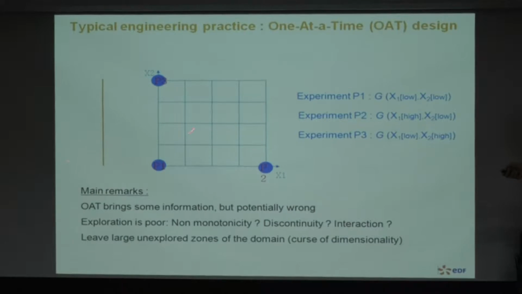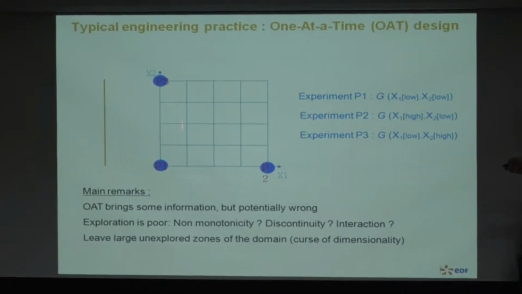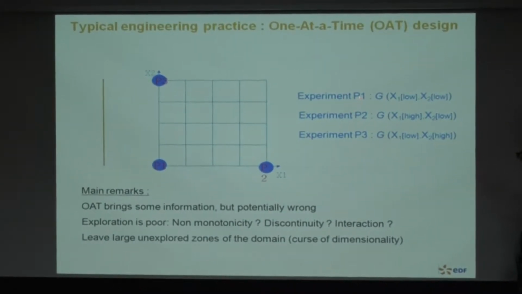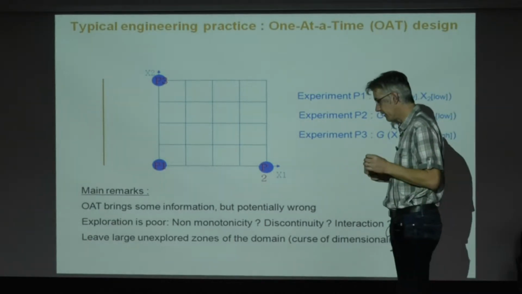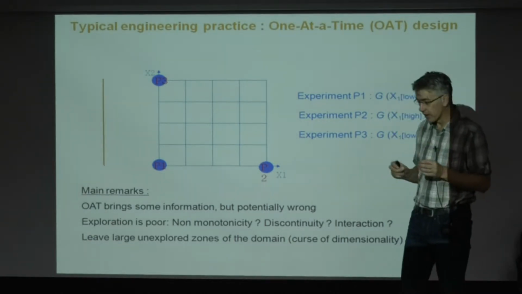So for example, here I have two variables, x1 and x2. My experiment P1 gives me the response of G for x1 low and x2 low, P2 x1 high and x2 low, and P3 x1 low and x2 high. Okay, very simple. You do this when you want to test the effect of an ingredient.